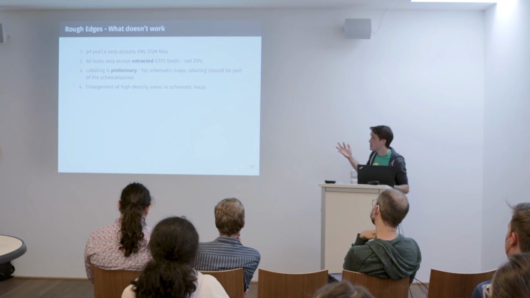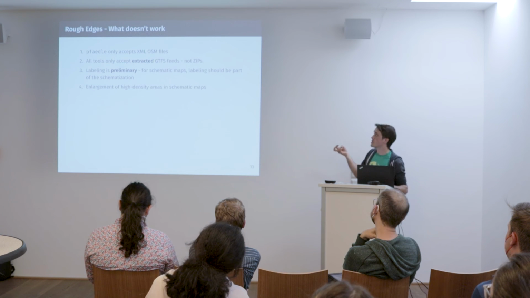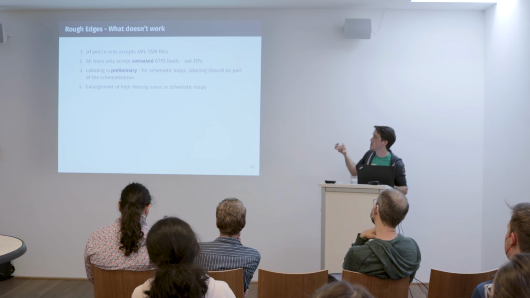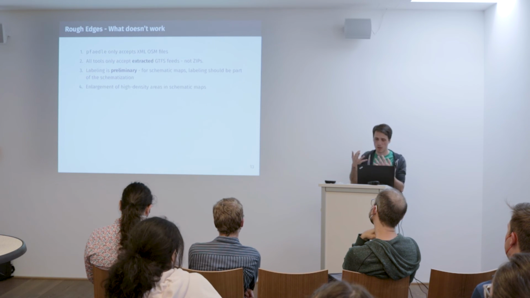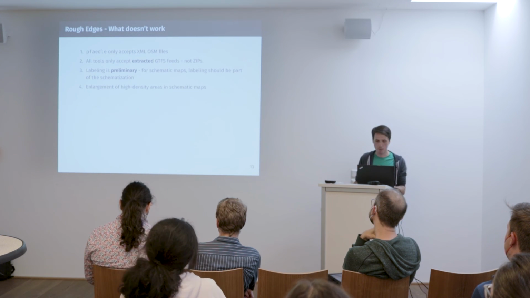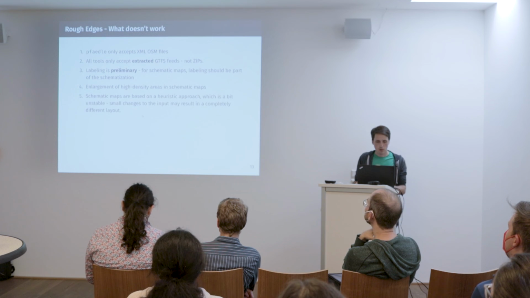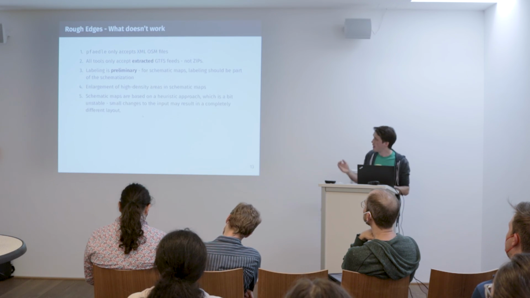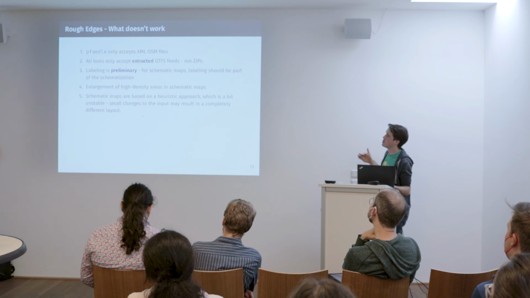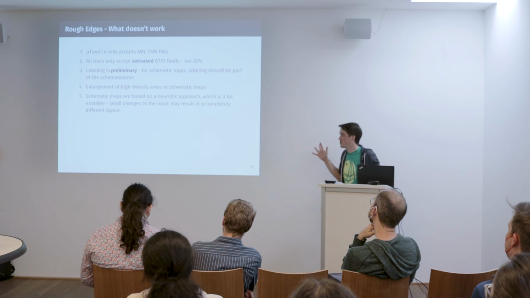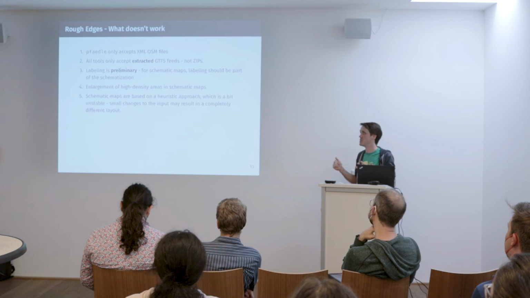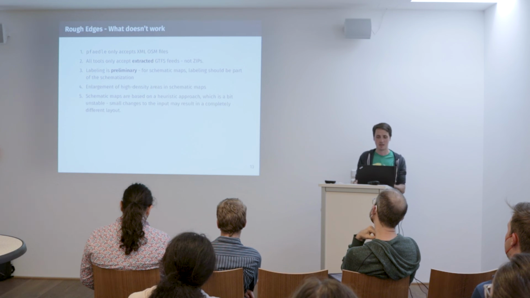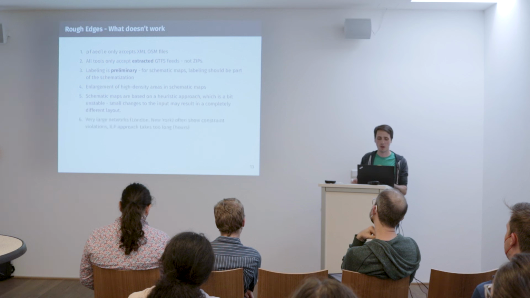One thing that is missing and that we would like to do is, for example, some pre-processing and the enlargement of high-density areas in the schematic maps to just make the map a bit less cluttered. The schematic maps are based on a heuristic approach, which is a bit unstable, as all heuristic approaches are. So small changes to the input data may result in a completely different layout, and you suddenly think, what happened now?